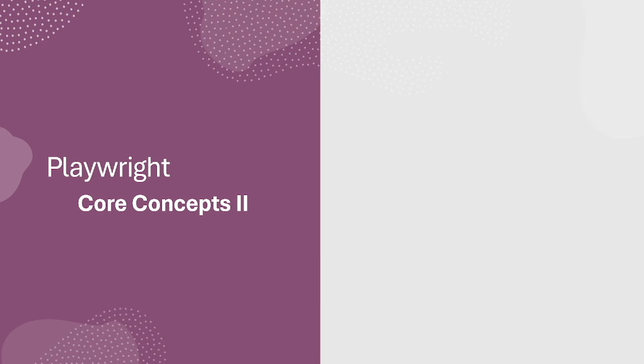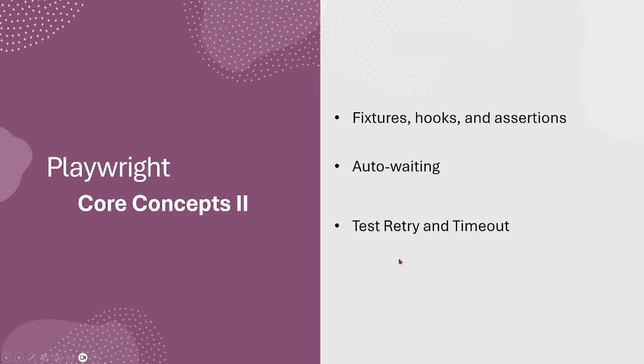Welcome to our automation testing scenario talks. Today we'll talk about Playwright core concepts part 2. We'll introduce assertions, auto waiting, test retry and timeout.